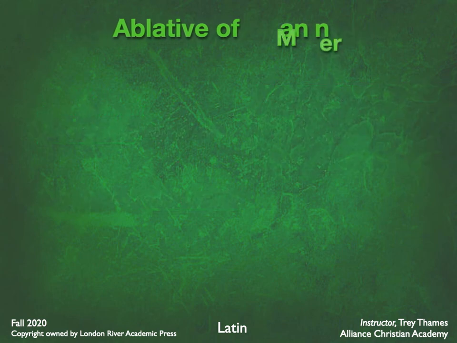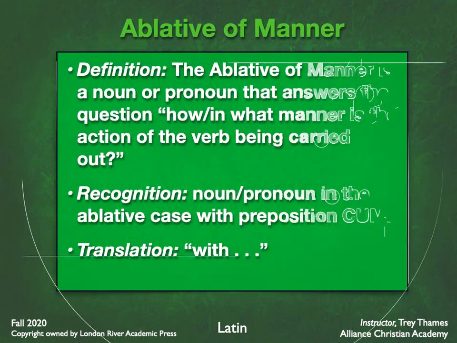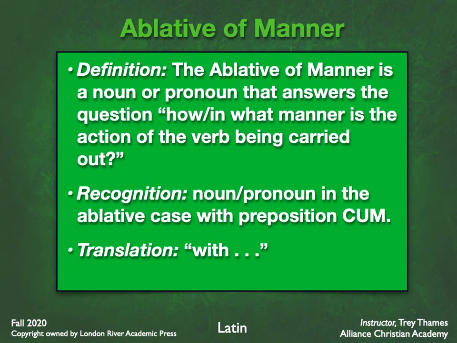And lastly here we have the ablative of manner. The ablative of manner is a noun or pronoun that answers the question, how or in what manner is the action of the verb being carried out? And you recognize this one because it has a noun or pronoun in the ablative case with the preposition cum, and it means with blank, whatever the noun is in the ablative case.